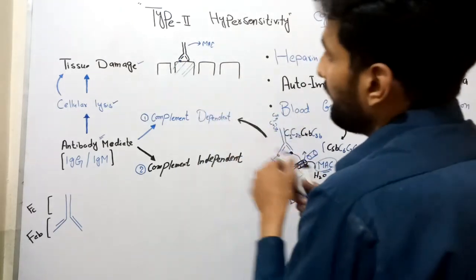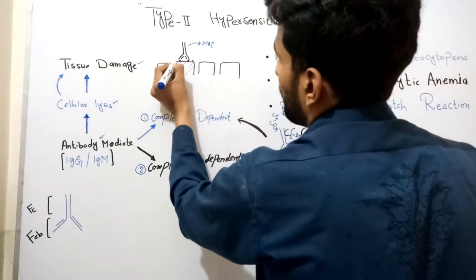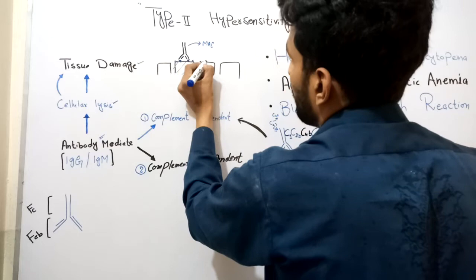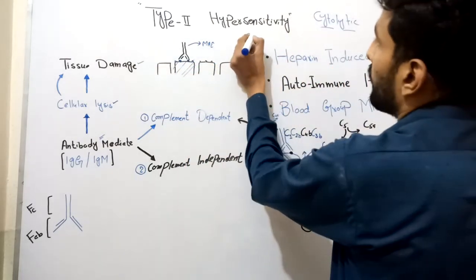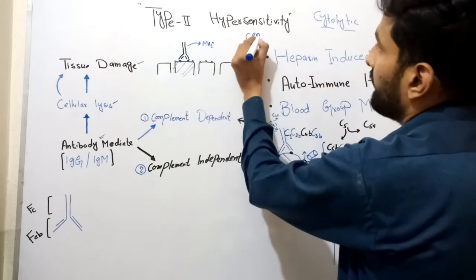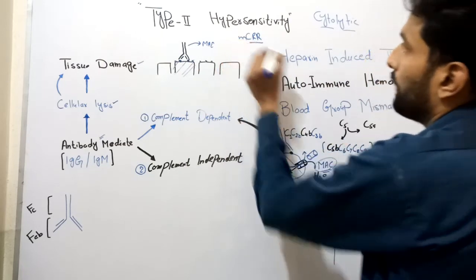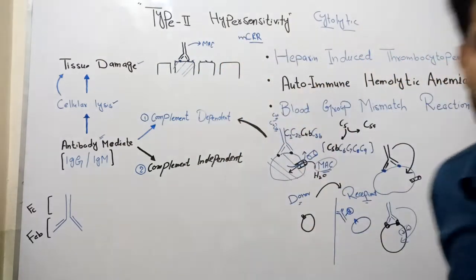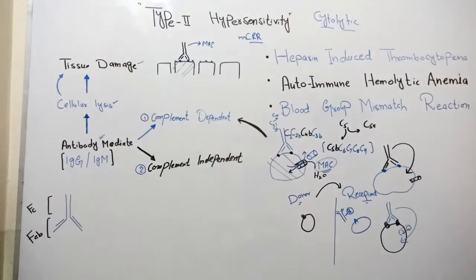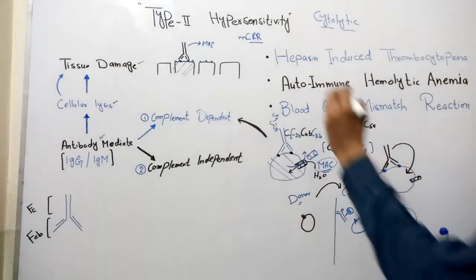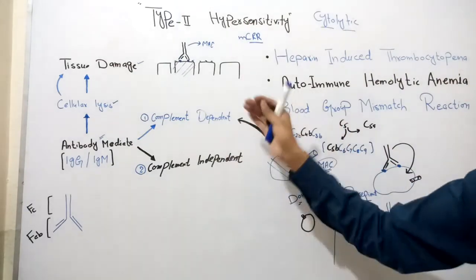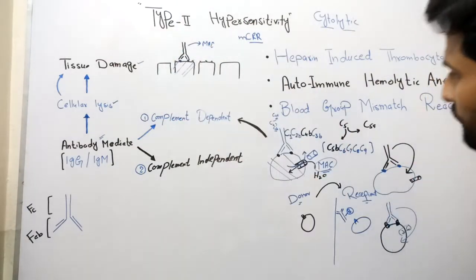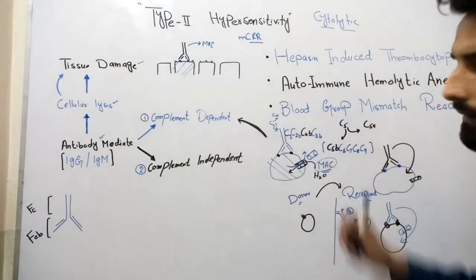Now why is MAC not being formed? Because complement regulatory proteins are present on the surface of nucleated cells, membrane bound complement regulatory proteins. And these proteins stop the conversion of C3 into C3a and C3b. They stop the conversion of C5 into C5a and C5b.